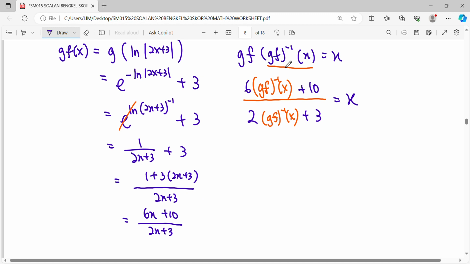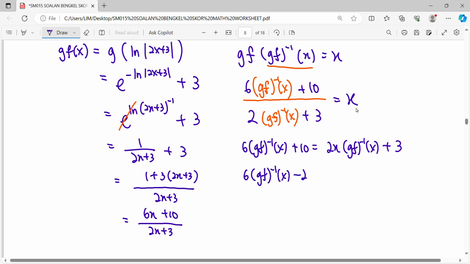So what do we need to do? We simplify to get out this gf inverse. So multiply up, cross multiply, you get 2x times gf inverse plus 3. Then collect back your composite function, minus 2x, move it to the left hand side.